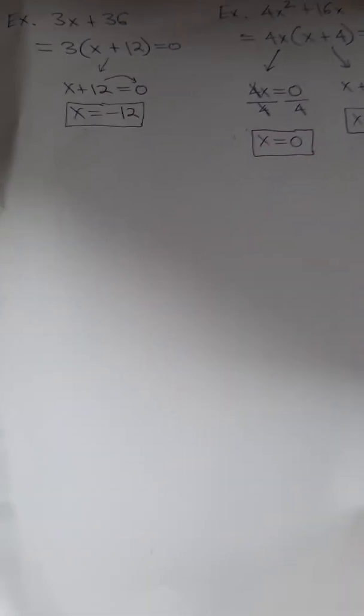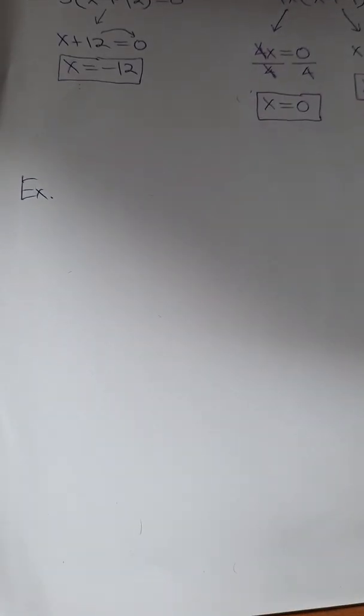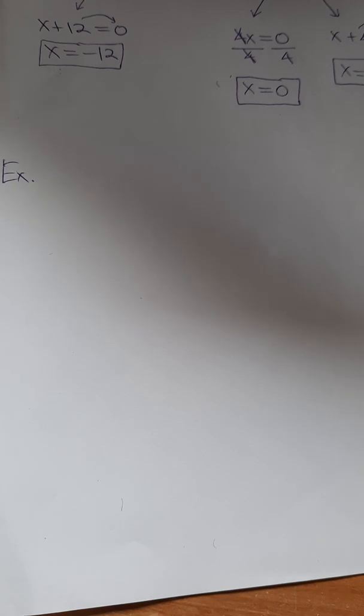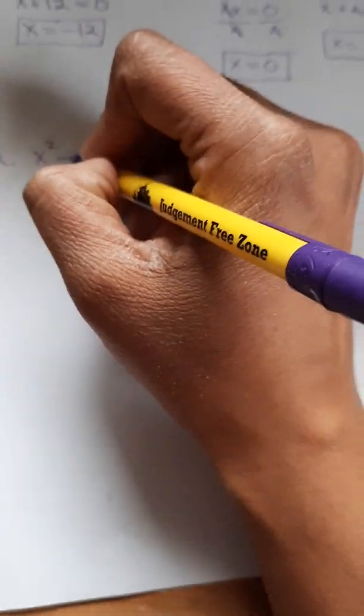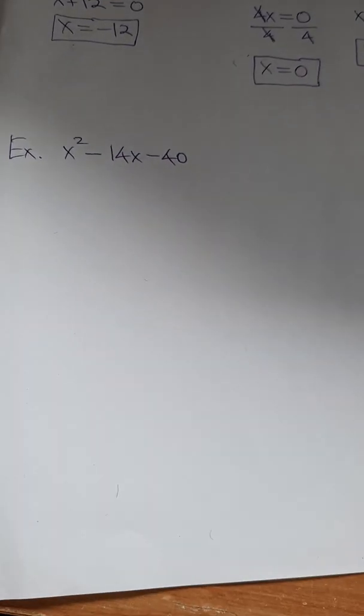Let's go to a trinomial example, and let's write it on the side here. Let's try one here, and we're going to try some different examples. So let's try x squared minus 14x minus 40. So this is the trinomial.